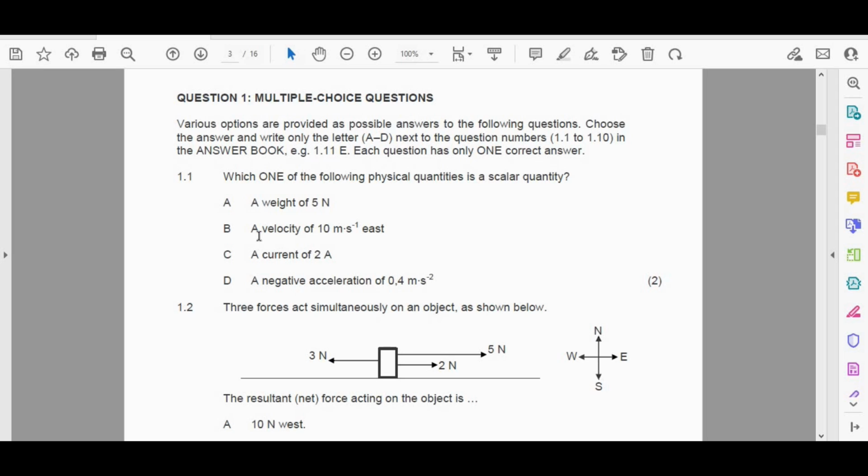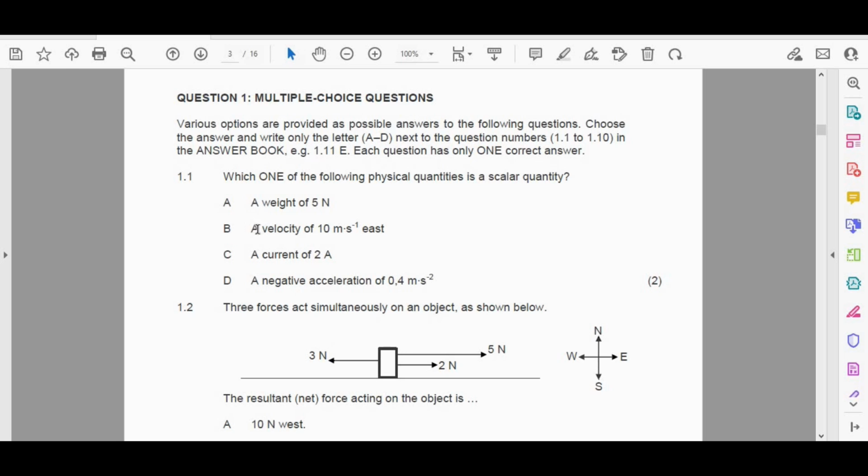Which one of the following physical quantities is a scalar quantity? First, we can take out option A, because weight is basically gravitational force, and we know that force is a vector, so A gets taken out.